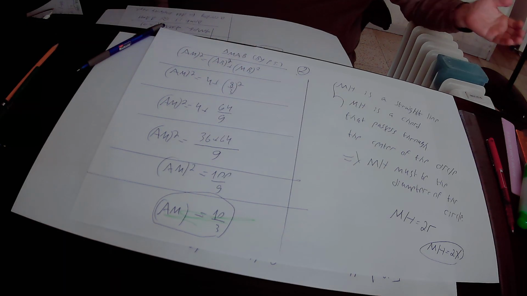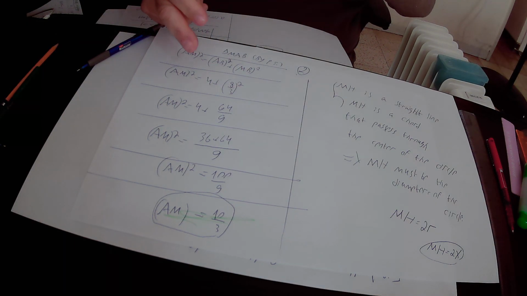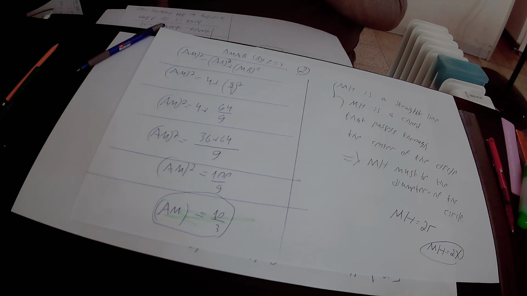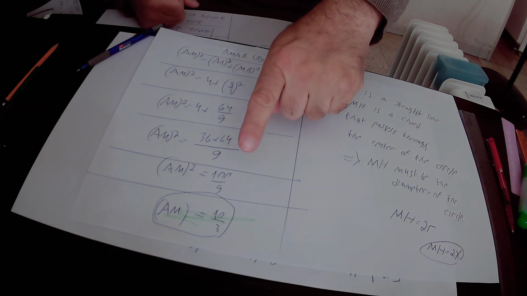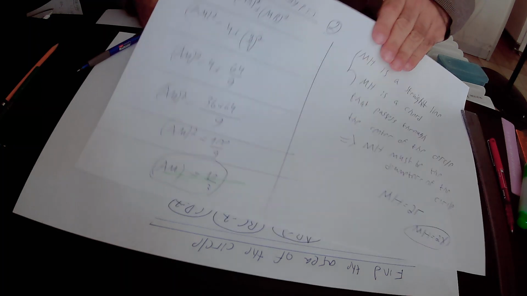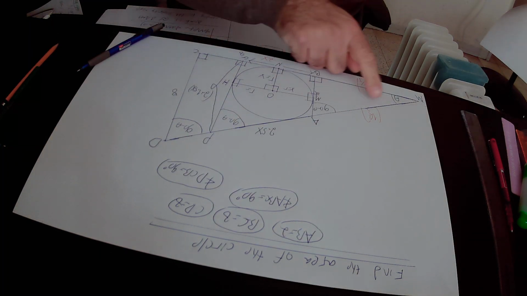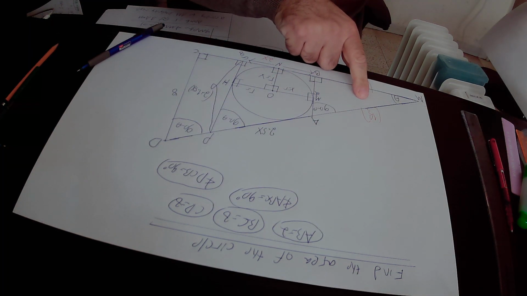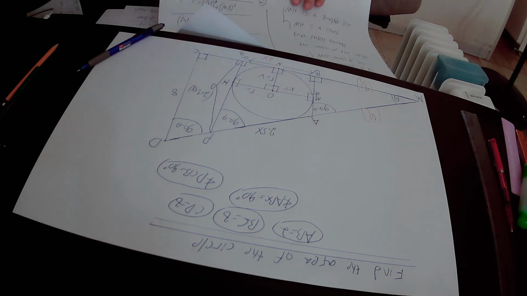So AM squared equals 100 over 9. We take the square root of this equation and find that AM equals the square root of 100 over 9. The square root of 100 is 10, and the square root of 9 is 3. So in conclusion, AM, or MA, equals 10 over 3 units.